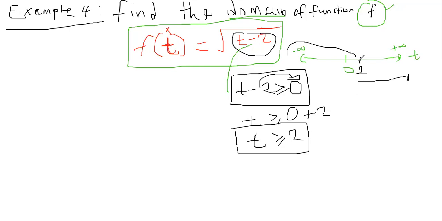Any number that is less than 2 should be excluded. That is, this part of the number line should be excluded from the domain of this function f of t.